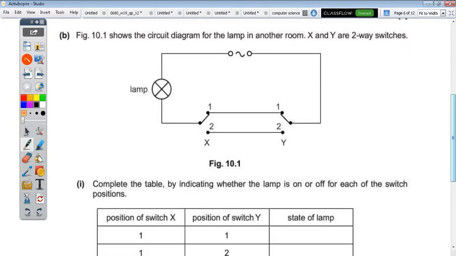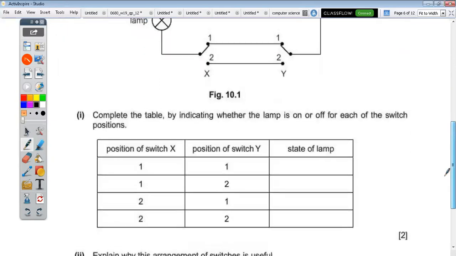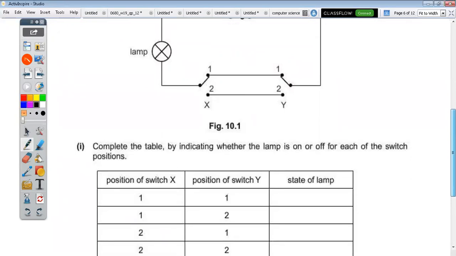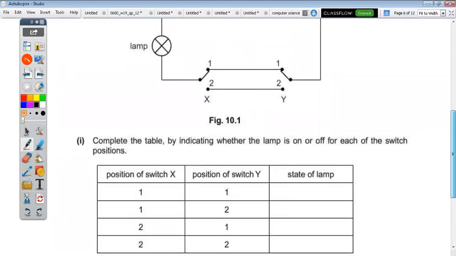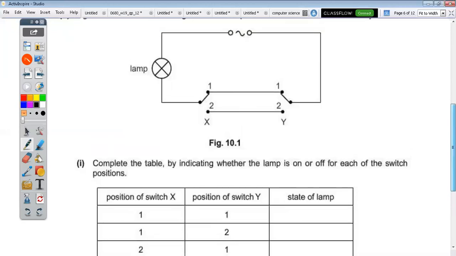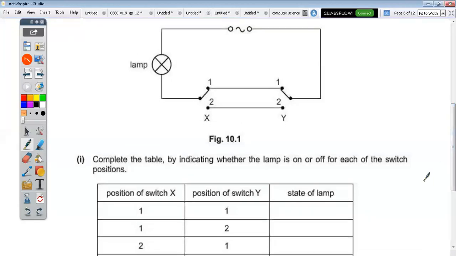Complete the table by indicating whether the lamp is on or off for each of the following positions of the switch. So if both are on position 1, will it switch on? Yes.